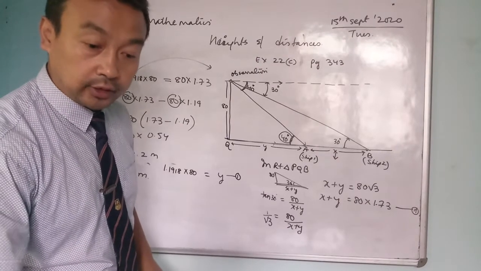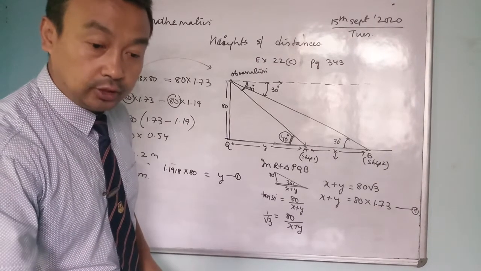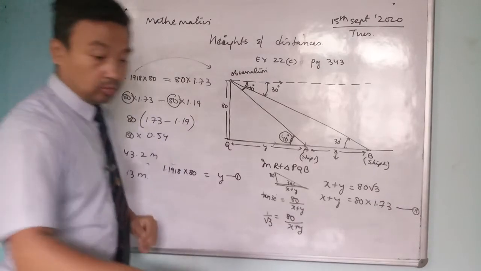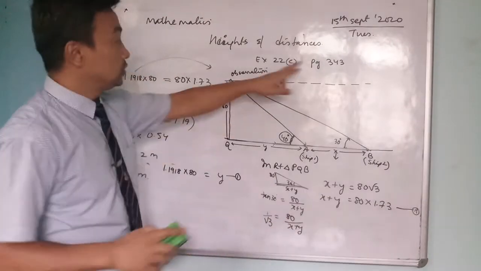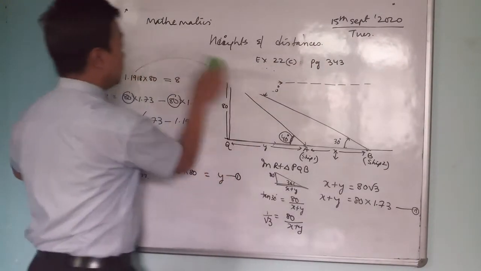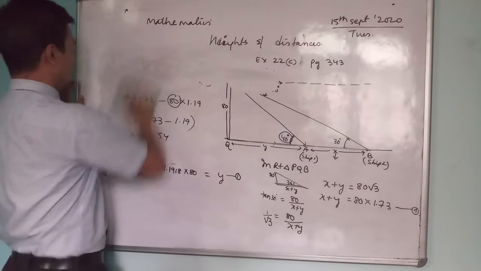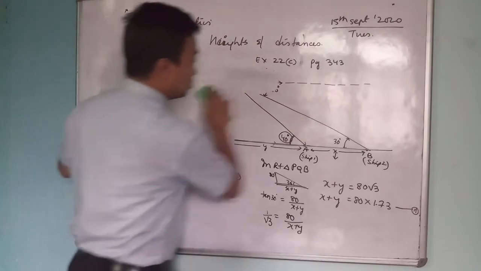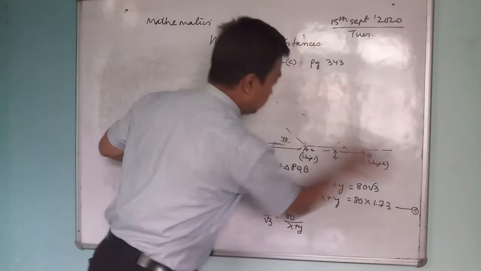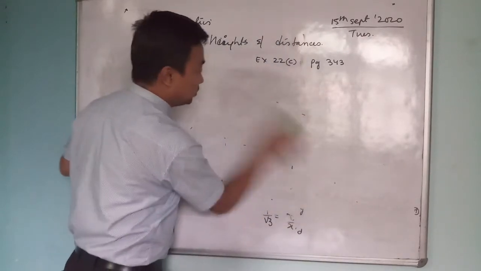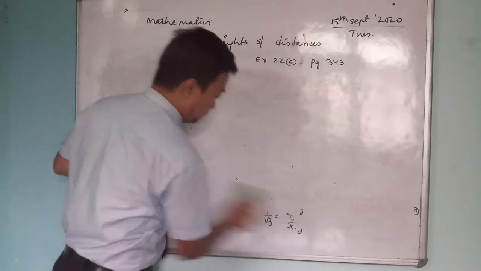Let us solve the next question, that is ICSE 2013. In your textbook, it is the same exercise, same page, question number 18. Okay, let me rub this quickly and read to you question number 18, because writing that question on the board will be a lot of time consuming.